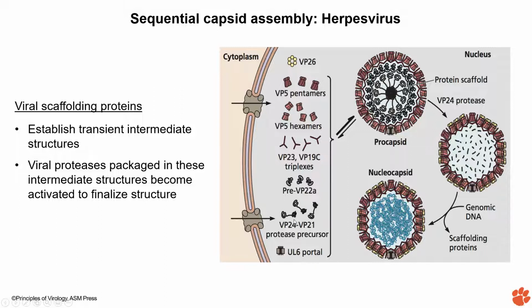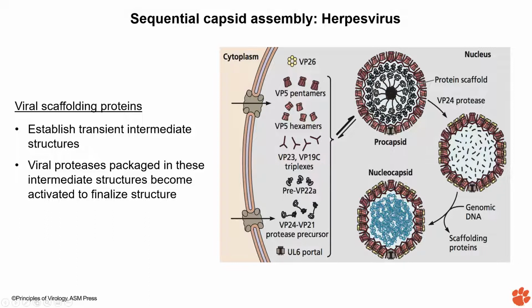These are the proteases. Finally, remember that the herpesvirus has 12 vertices, icosahedral. In one of the 12 vertices, this UL6 portal is added. It's a dodecamer, 12 subunits. This is the portal through which the genome is packaged into the virus. It is only in one of the 12 vertices, and how that is determined is not very clearly known.